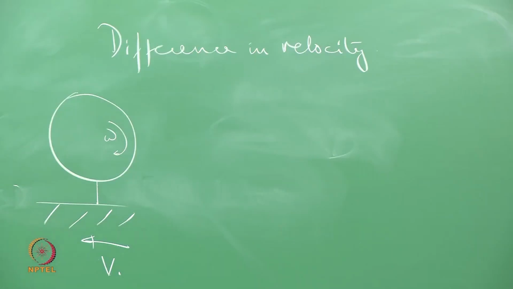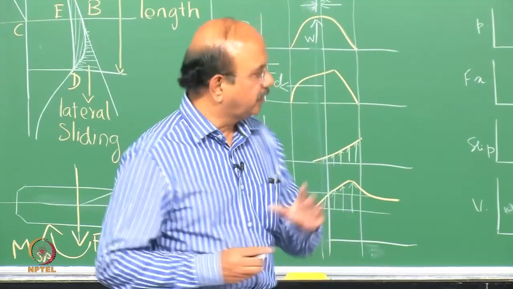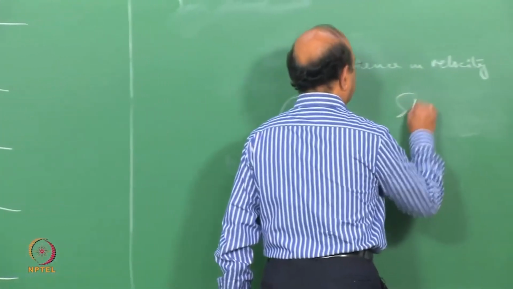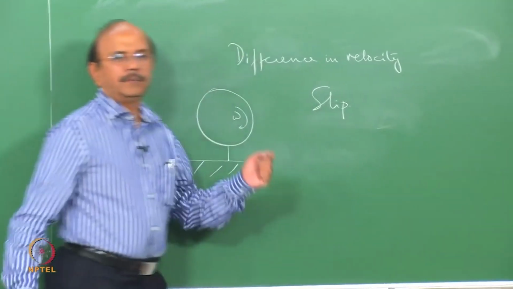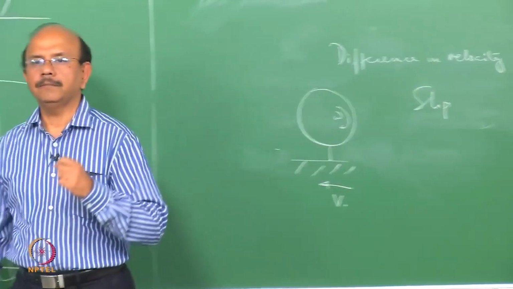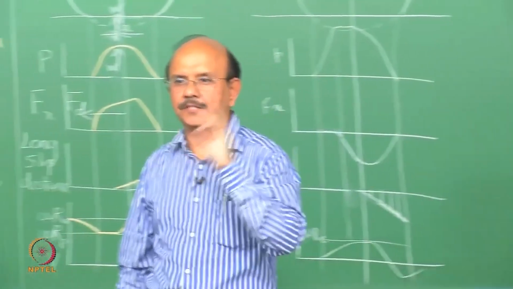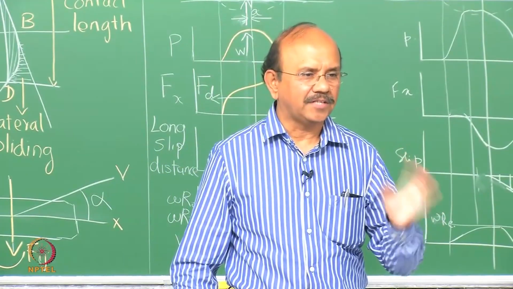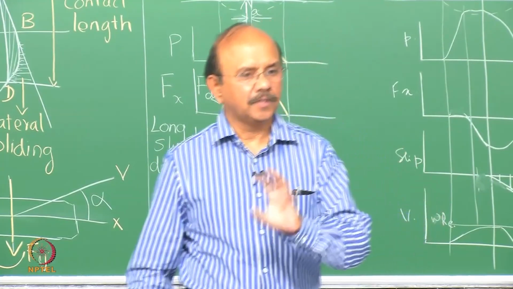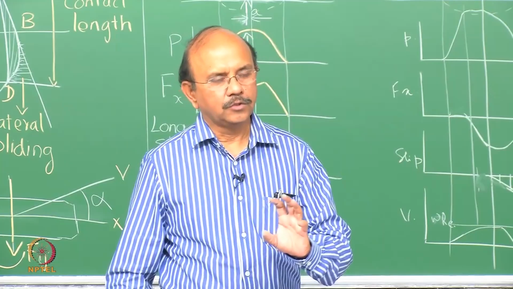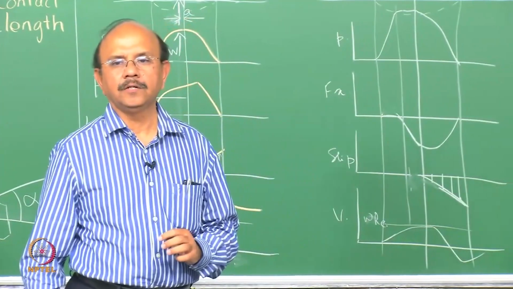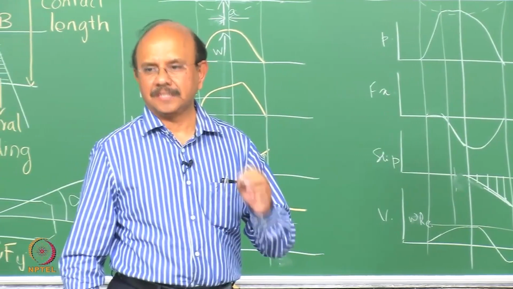It is the deformation which is responsible for all these things, and we are going to define a quantity called slip after some time, so that we understand the physics first, and then we will put this in. The difference between the tangential velocity and the velocity of the ground would give rise to a quantity which we would call slip.